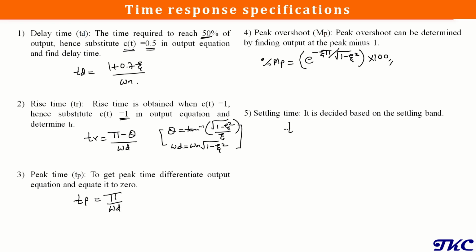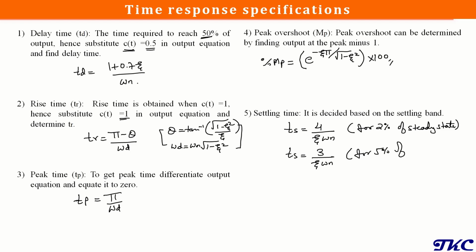If we are considering 2%, then settling time will be equal to 4 by zeta omega n. This one is for a tolerance of 2% of steady state. Similarly, if we are considering 5%, then it will be 3 by zeta omega n. This one is for 5% of the required output, that is steady state.